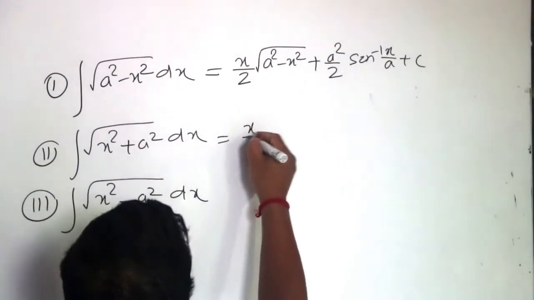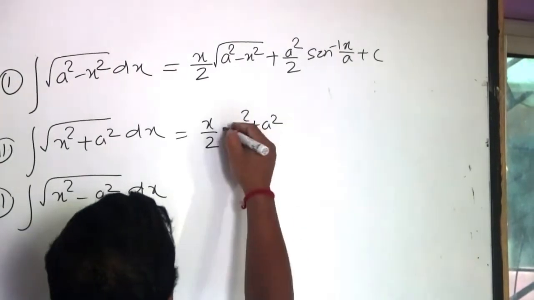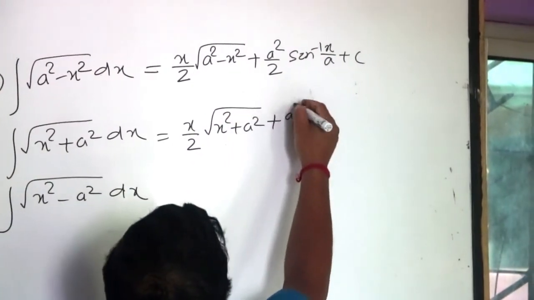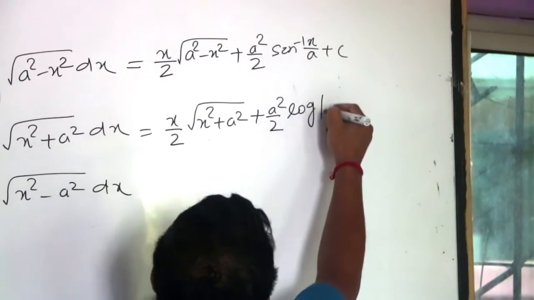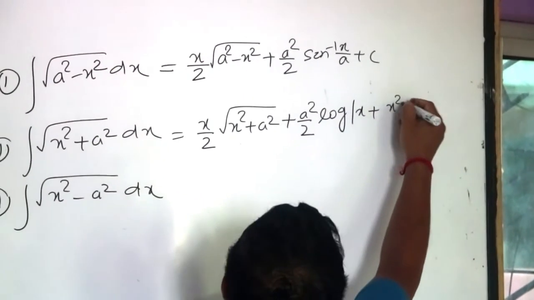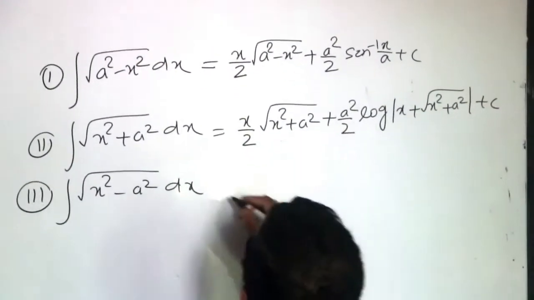And here it is x by 2 root over x square plus a square plus a square by 2 into log mod x plus root over x square plus a square mod plus c.